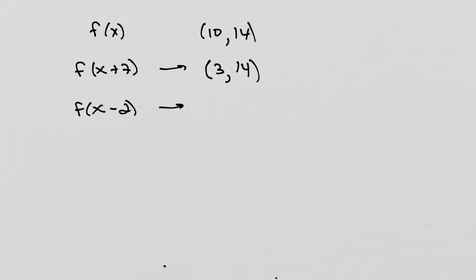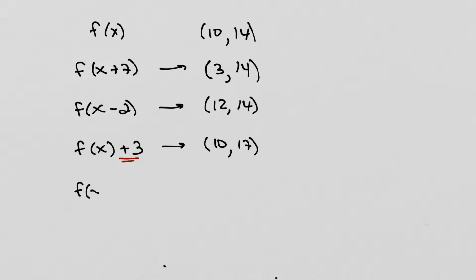I'll shift that point 2 to the right, which would make it 12, 14. What about f of x plus 3? Well, since it's on the outside now, not on the inside, what we need to do is add that to the y value. So 10, 14 becomes 10, 17. Right? And f of x minus 5, that'll take that point 10, 14 and drop it down to 10, 9.